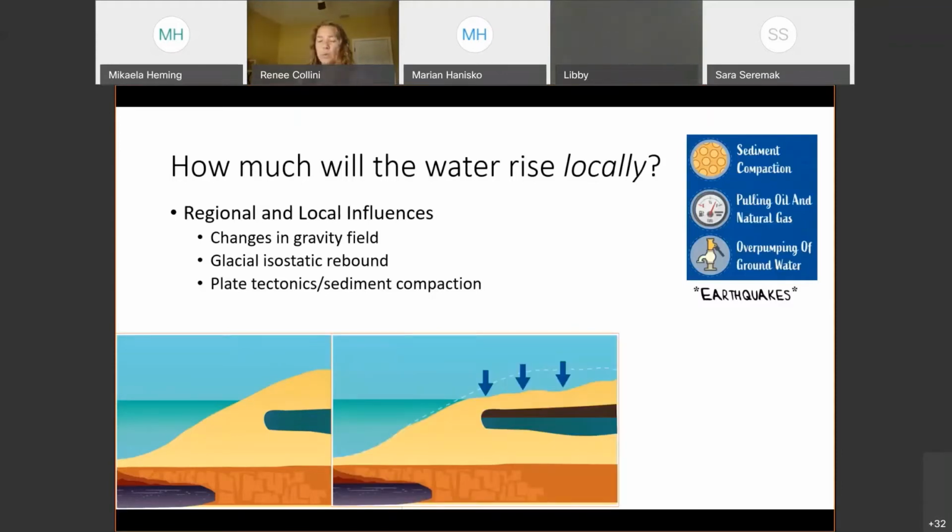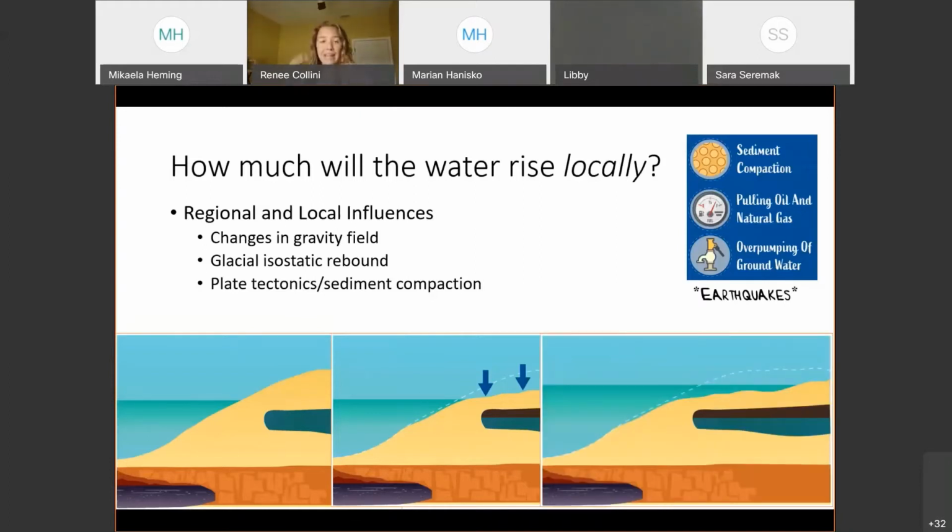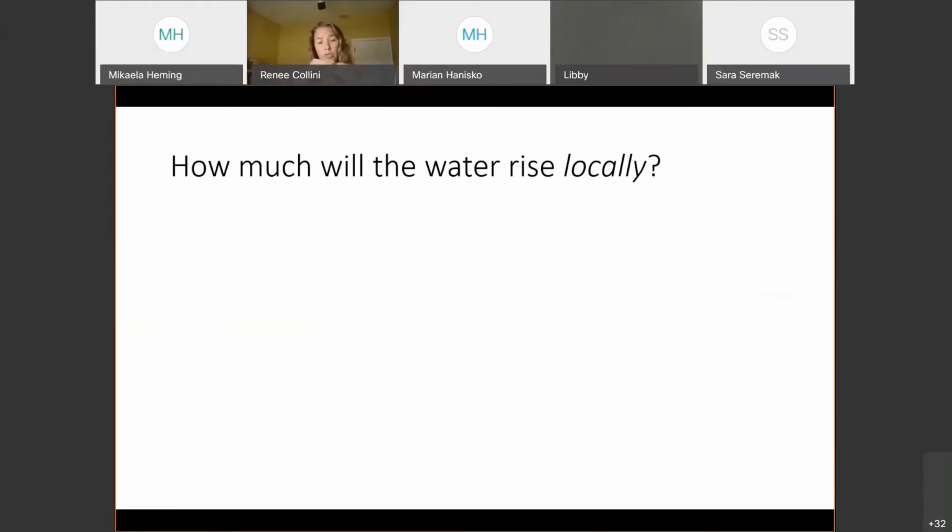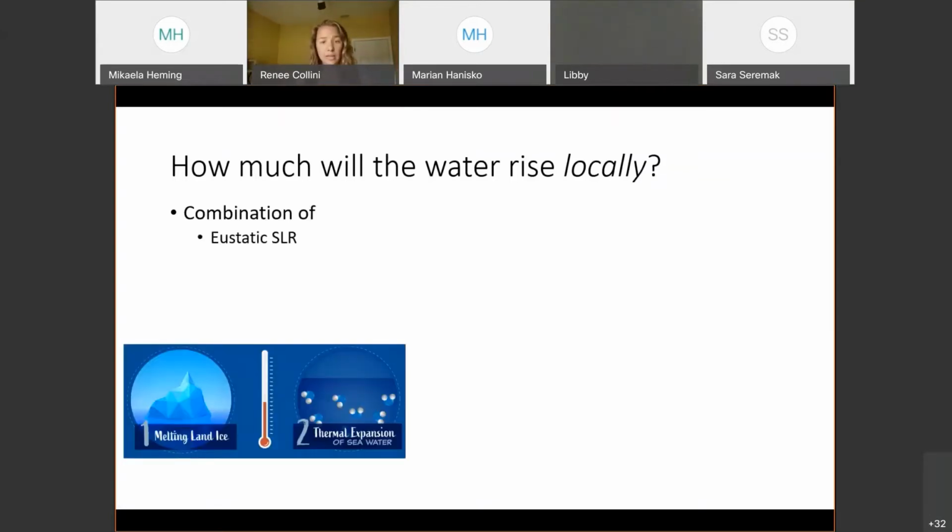But what happens is, for all of these reasons, the land starts to push down and compact. And so then as sea levels rise, that land is farther down, and so the water is higher over that specific space. And so you want to make sure to understand if all these things are being considered whenever you're looking at those projections of how much water will rise. And so just to recap, when you're thinking about how much the water will rise locally and models that can project that, they'll include this eustatic sea level rise from the melting land ice and the thermal expansion.